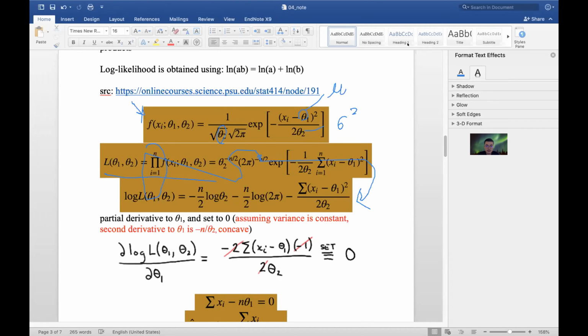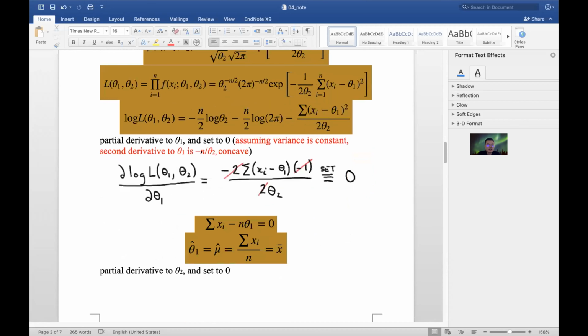One difference is here we have log sigma. This is 1 by 2 because this is sigma squared, and this thing can become 1 by 2, so they cancel. They are basically the same thing. Now this is our log likelihood.